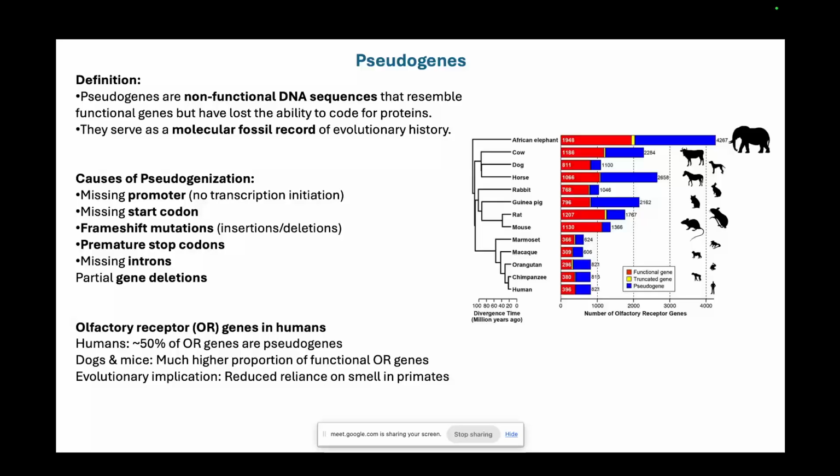Because as we have evolved, the requirement for a strong smell apparatus, or genes that help you interpret smell or help in olfaction in general, has reduced, because we have moved away from these wild habitats.